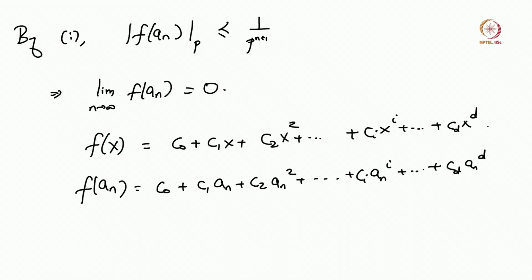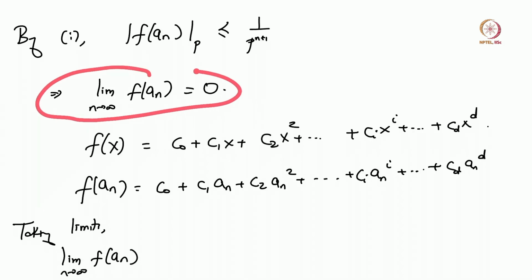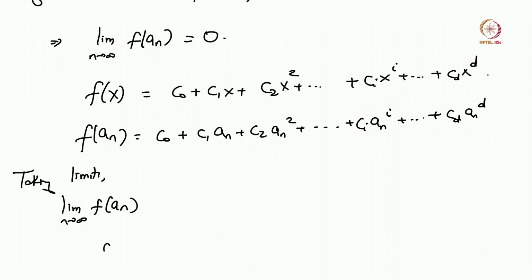And just taking limits, the left hand side is the limit as n goes to infinity of f of a_n, which by the induction hypothesis we showed equals 0. But the right hand side is just f evaluated at alpha.